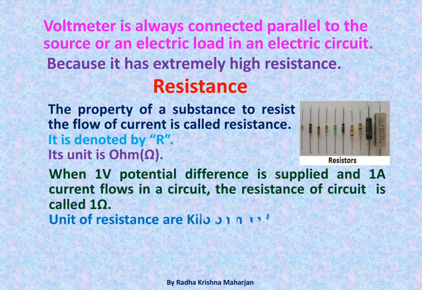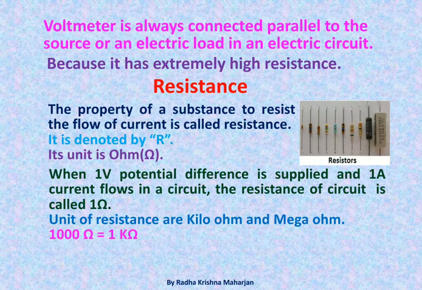Units of resistance are kilo ohm and mega ohm. 1000 ohm equals 1 kilo ohm. 1000 kilo ohm equals 1 mega ohm.